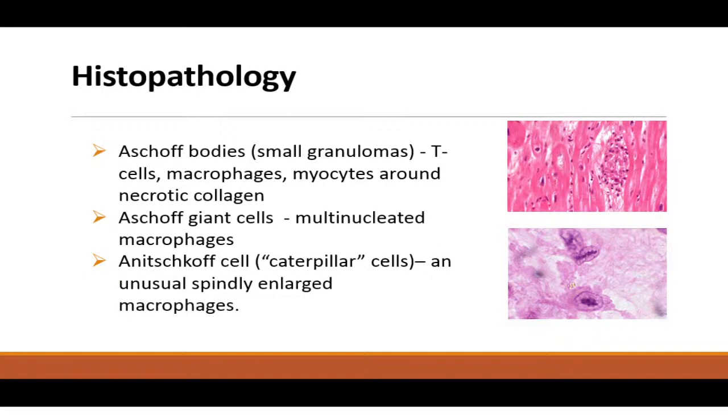Around it, we see T cells, macrophages, and myocytes. Also, we may see Aschoff's giant cells, which are multinucleate macrophages in the area of inflammation, and so-called Anichkov cells or caterpillar cells, which are enlarged macrophages. And you see in the picture, this is caterpillar cells or Anichkov cells, and these are Aschoff's bodies.